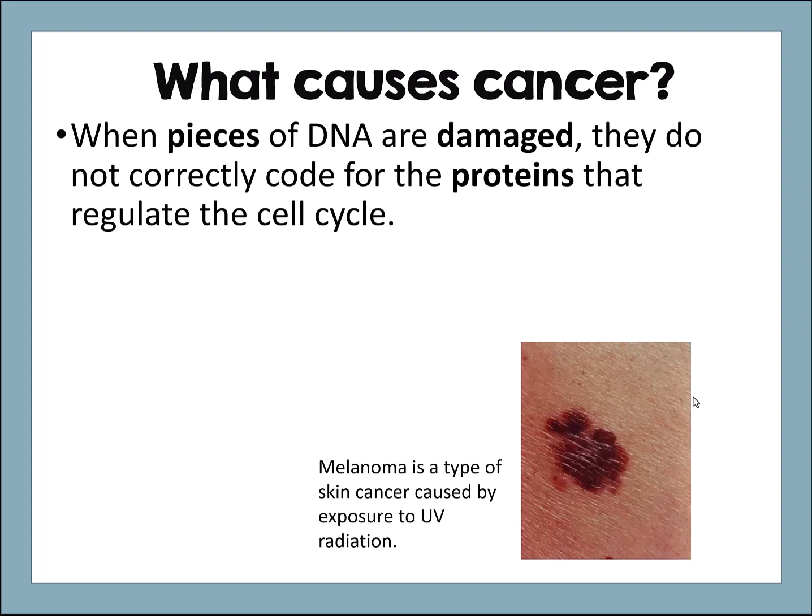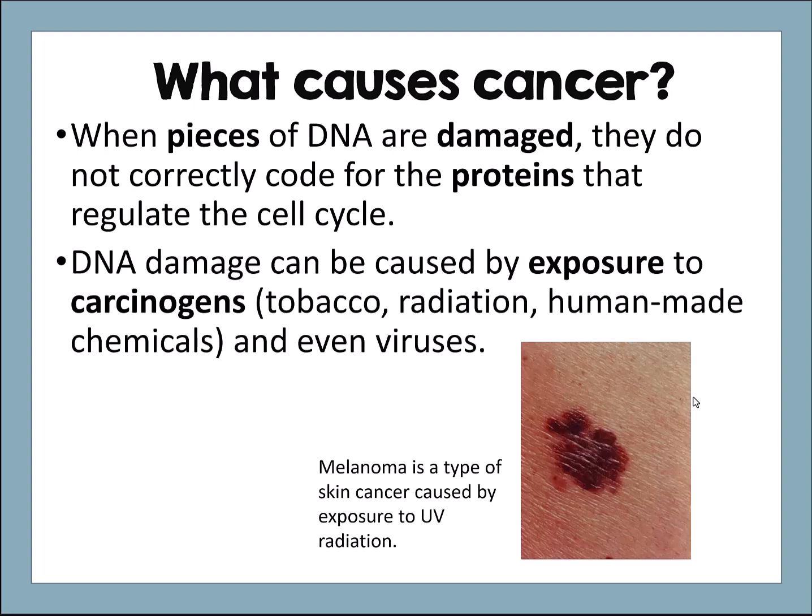When DNA is damaged, they don't code correctly for those proteins, or they become abnormally shaped proteins that don't work correctly, and they don't regulate the cell cycle the way they're supposed to. This DNA damage can be caused by exposure to carcinogens like tobacco, radiation, or human-made chemicals, and even viruses.